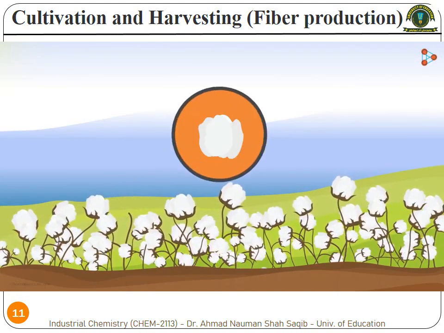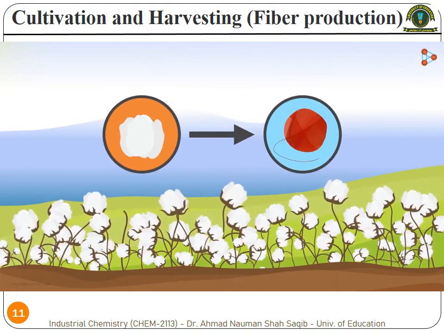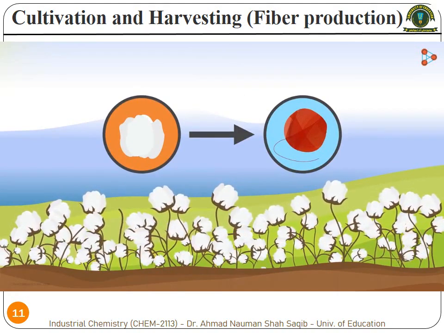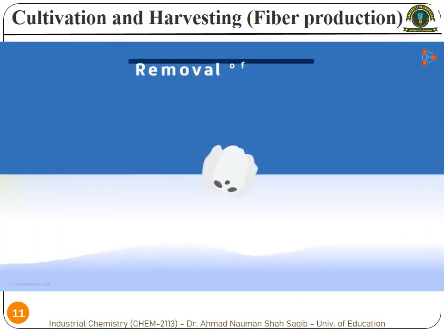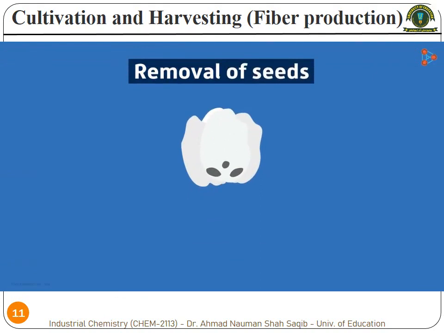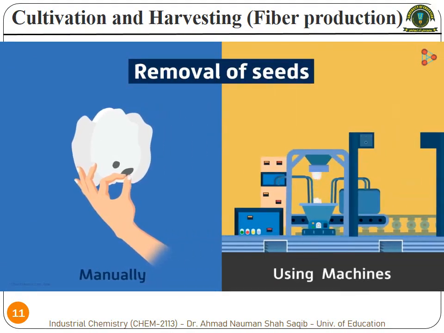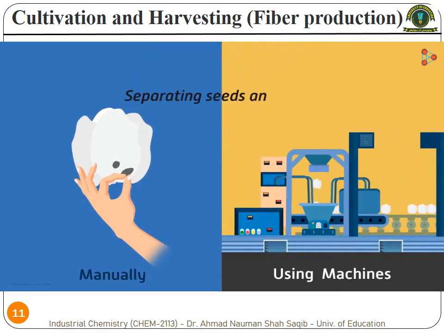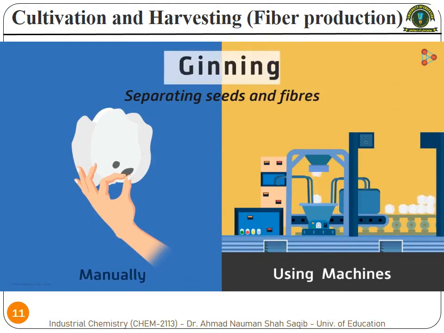These bolls are collected and drawn into yarns. But wait, don't you think we need to separate the seeds and the soft, fluffy part first? Well, that can be carried out either manually or these days mostly with the use of machines. The process of separating the seeds and the fibers is called ginning. Once ginning is successfully carried out, the fibers are taken for the next step.